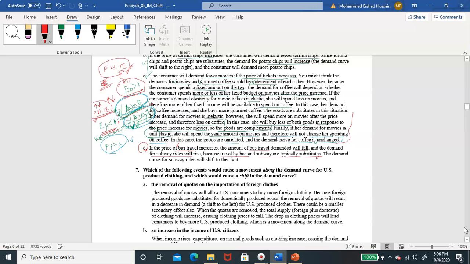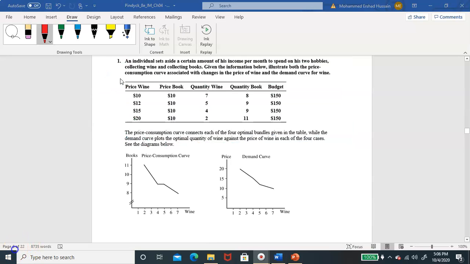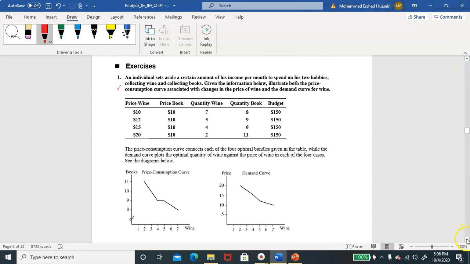Then the demand curve for subway rides will shift to the right. More people will switch to subways and will not ride the bus, because the bus became more expensive.